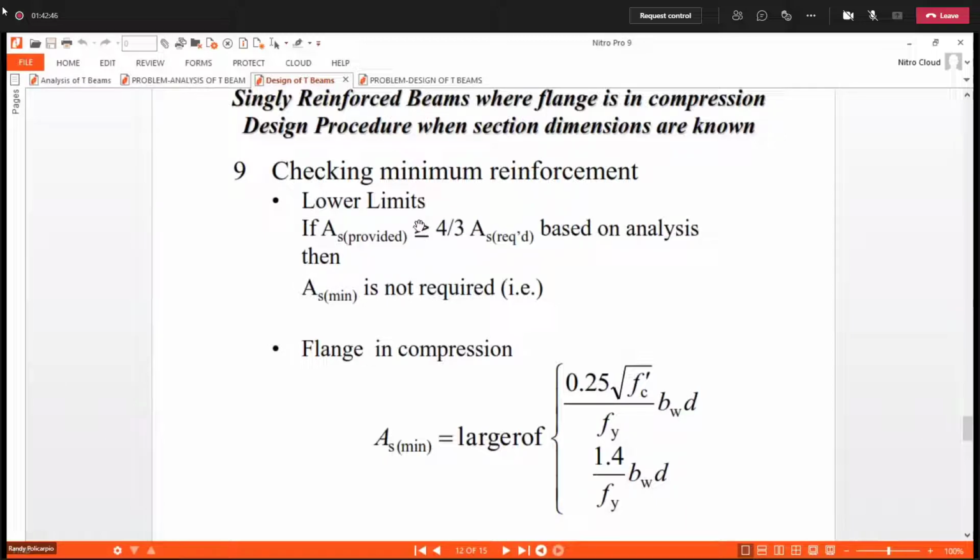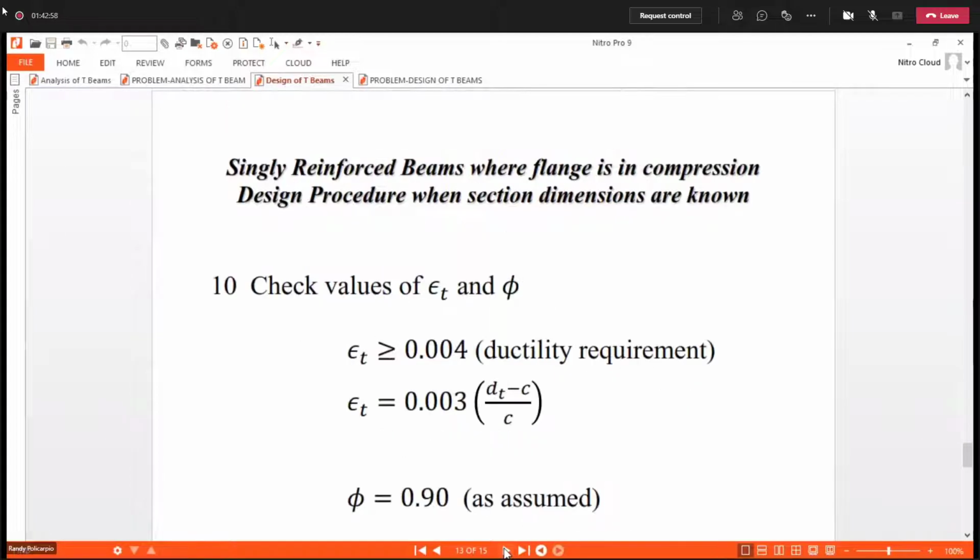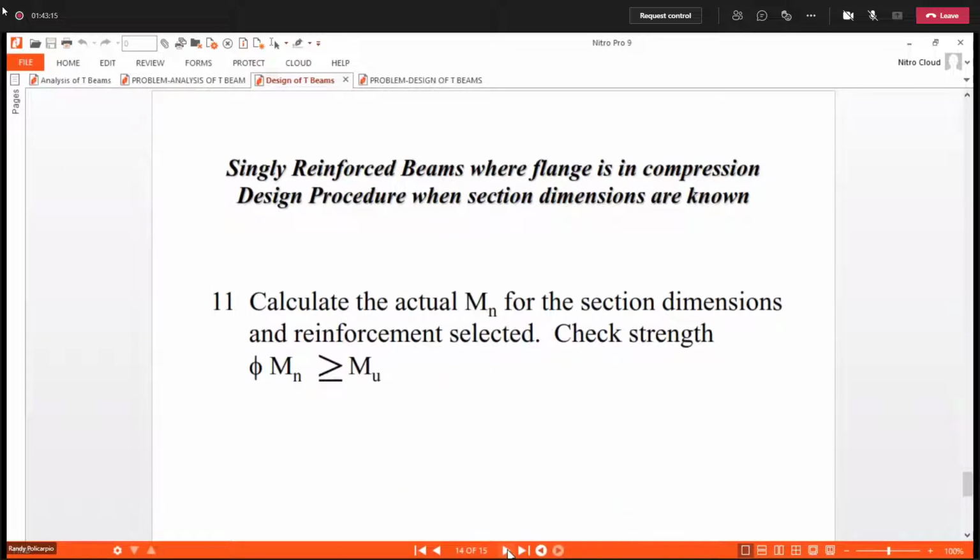But if As provided is less than 4/3 As required, so you need to consider As minimum. Okay, so for the ductility requirement, ito pa rin yung sa ating code requirement, and then you may compute your nominal and also your design moment strength.